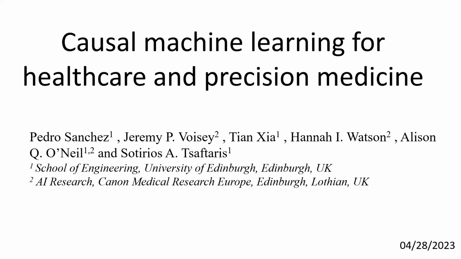Today I am going to talk about a paper titled Causal Machine Learning for Healthcare and Precision Medicine. This is a very basic paper on causal models, and mainly it is descriptive. I try to find some differences between causal models and generalized machine learning models. Generally, in machine learning, to improve the performance of a model, we use transfer learning.